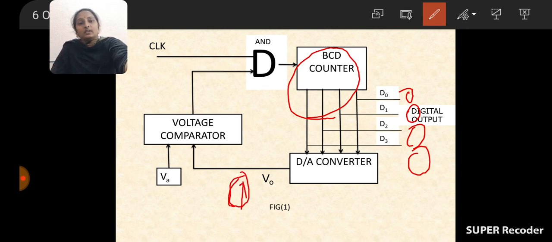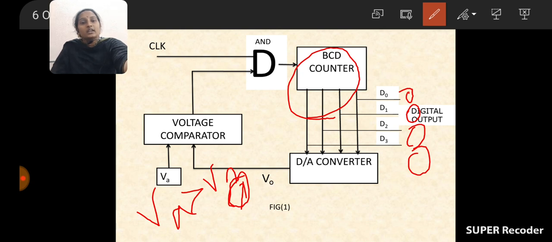At that moment, when the output of the D2A converter is 0, you apply VA. The voltage I would like to convert into digital form is now compared with V0.